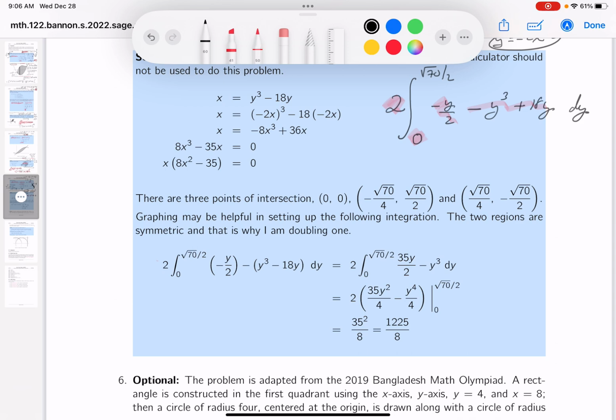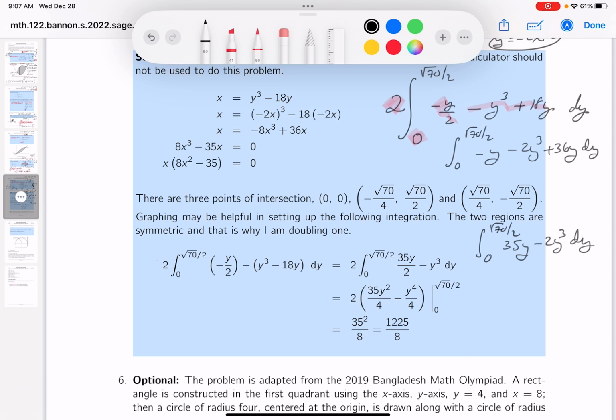I'm going to distribute the 2 on the inside. And you get 0 to root 70 over 2, of 36y minus 2y cubed plus... let me keep going. That would be 0 to root 70 over 2, 35y minus 2y cubed dy.